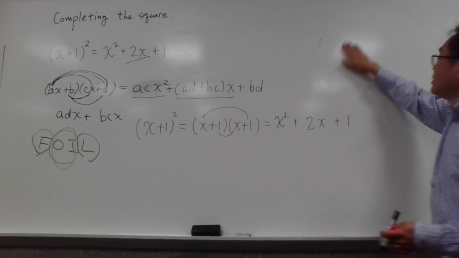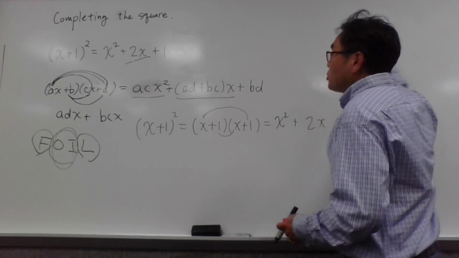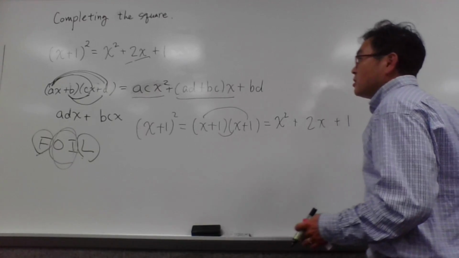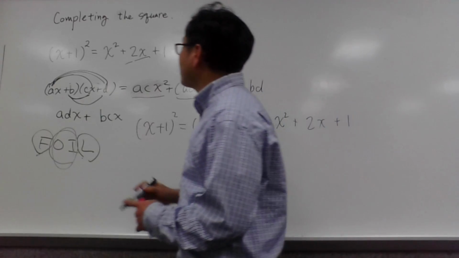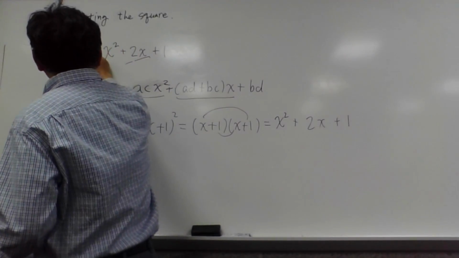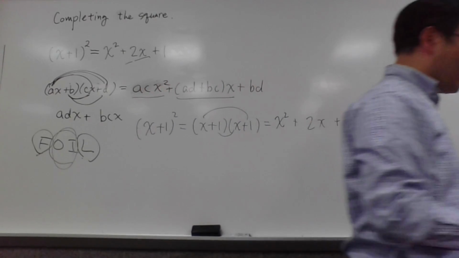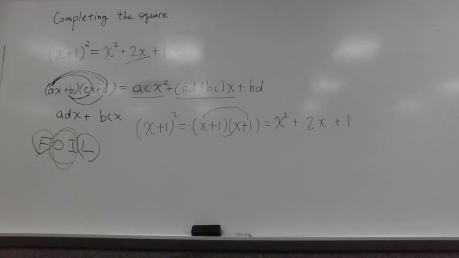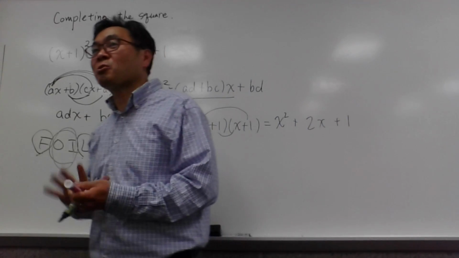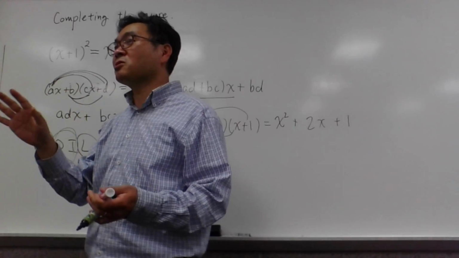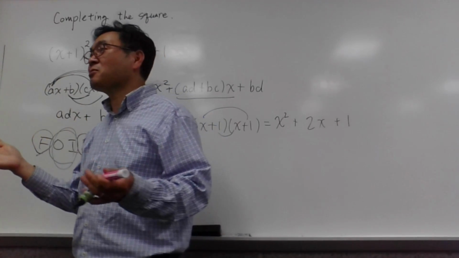Okay, now let me point out something more about this. In math, you might have a single symbol, but the meaning of it might be different depending on the context. Just like in English, you have a word, and the word might have different meanings in different contexts.